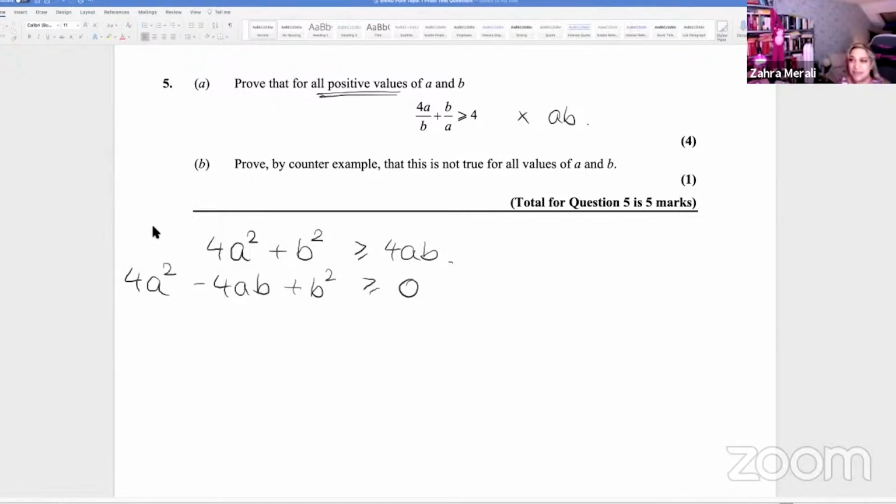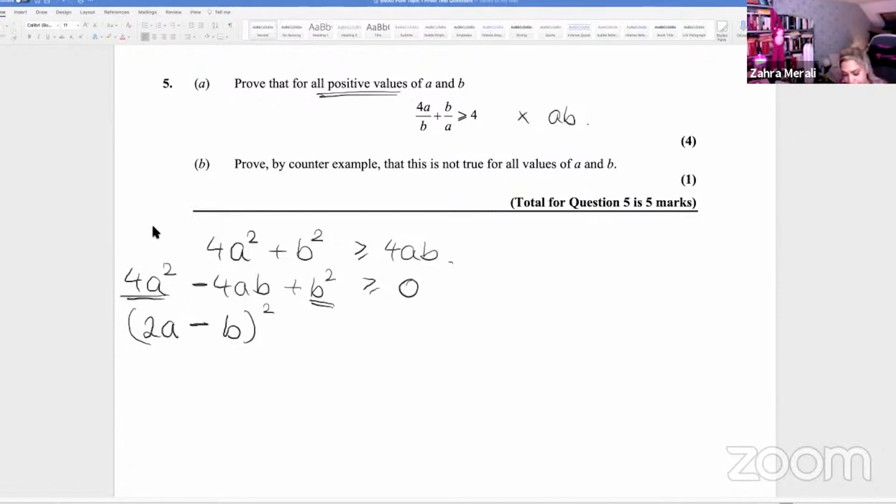And again, it's the same thing. If you want to do an exact square, and the clue is it's a proof question, it's leading you that way, you take the first value and you square root it. So 4a squared, square rooted, gives you 2a. The last one, you square root, you get b, and you can put a minus sign, and you just double check. If I was to open that out, do I get the minus 4ab?